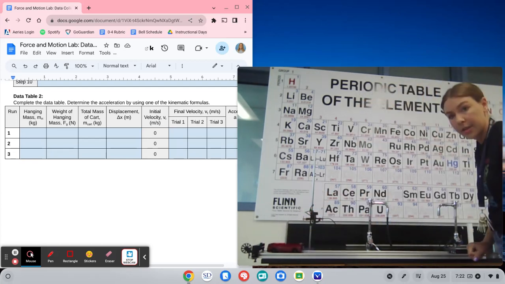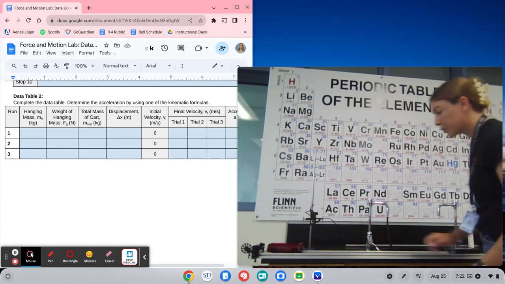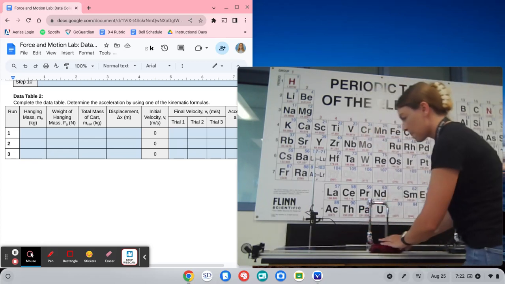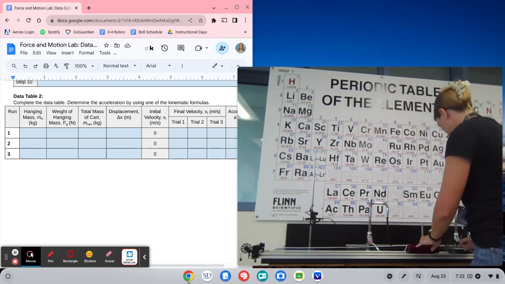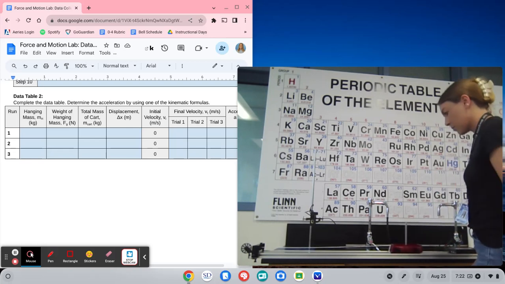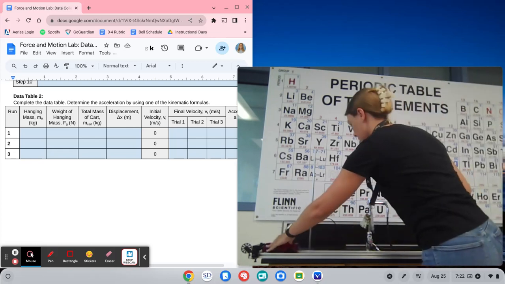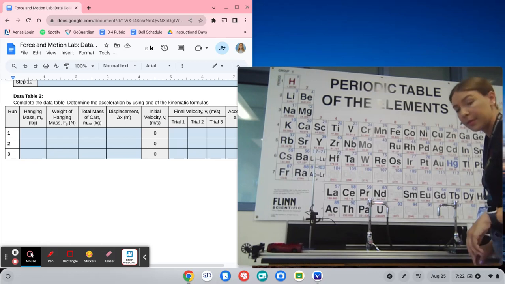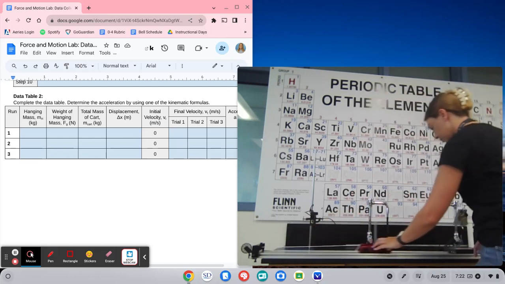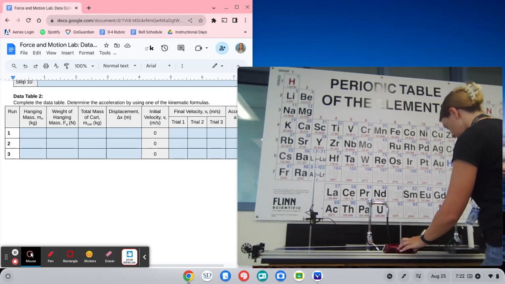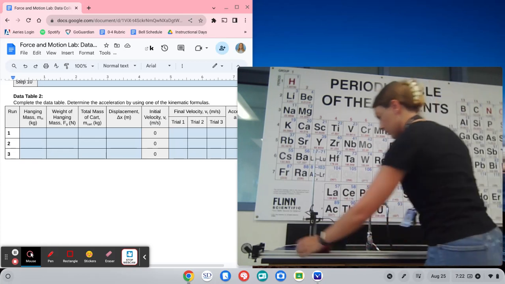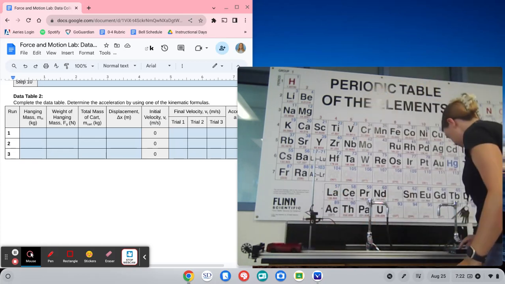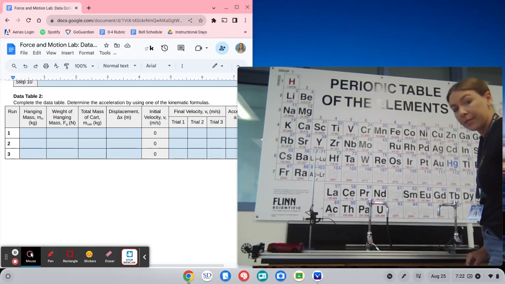My final velocity here was 0.422 meters per second. For trial 2, we have 0.447 meters per second. And for trial 3, we have 0.395 meters per second.